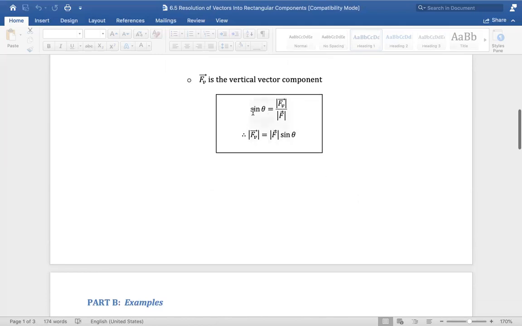So that's why I'm using sine of theta to do the opposite side first, which was the vertical vector, over the magnitude of the F vector itself, the hypotenuse one. And then when I cross multiply to isolate for the magnitude of the vertical vector, the length of it, the force of it, the F vector with respect to the vertical portion would be my F vector magnitude multiplied by the sine of theta.